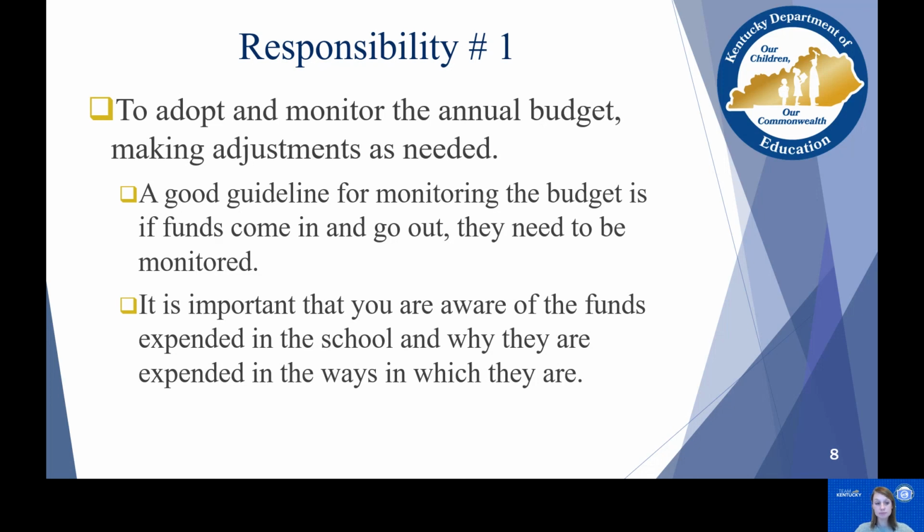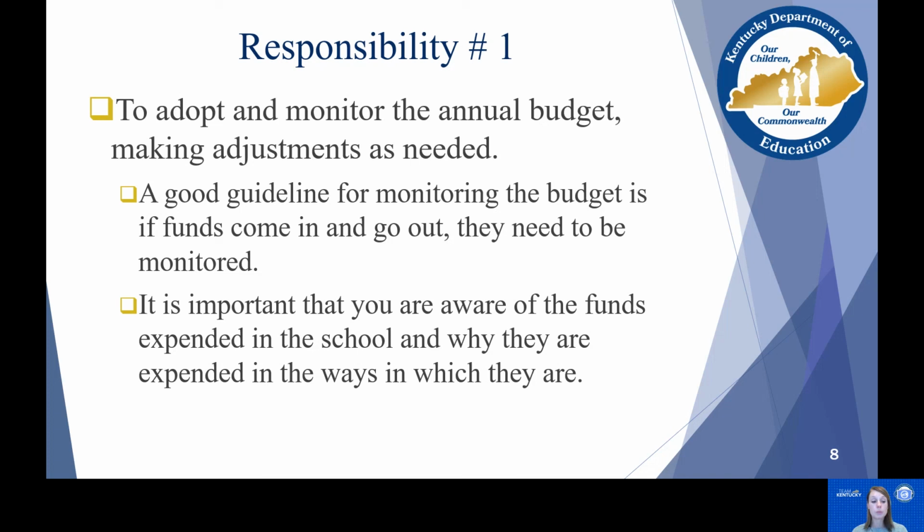How we spend our money and how we budget that money should help our students achieve and exceed at high levels. To make clear who is responsible for what with regard to a school's budget, it's important to distinguish the council's role with respect to the rest of the school community. So we are going to do an activity next, and this activity is going to link the role with the budget to the person or persons responsible for that budget.